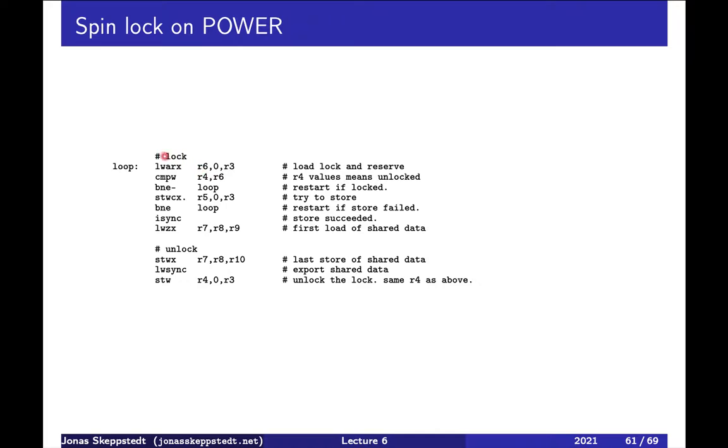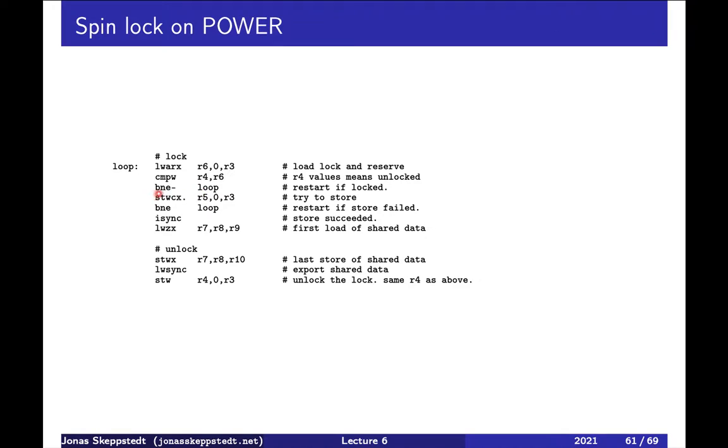or similar to an int, and we can see that because we load a word, the W means loading 4 bytes, and the address of this is in R3, and we load to R6. Then we compare the bytes of this R6 with the bit pattern saying that the lock is available or unlocked.